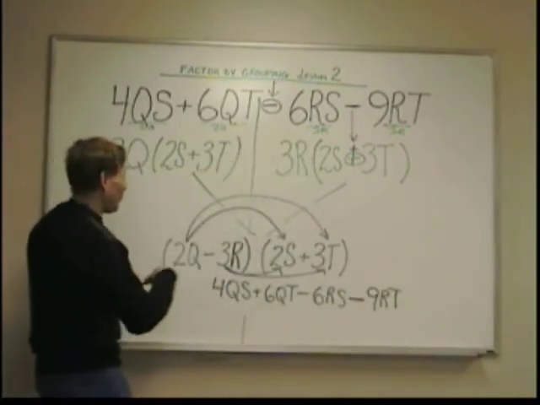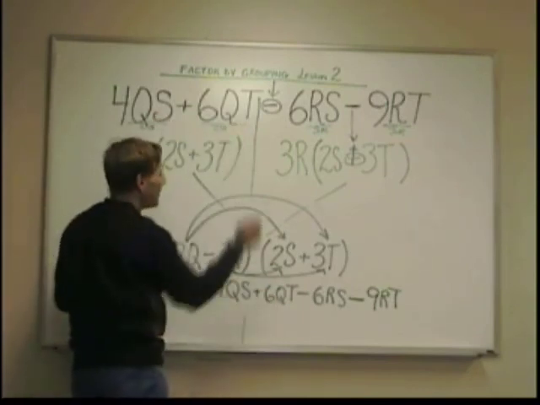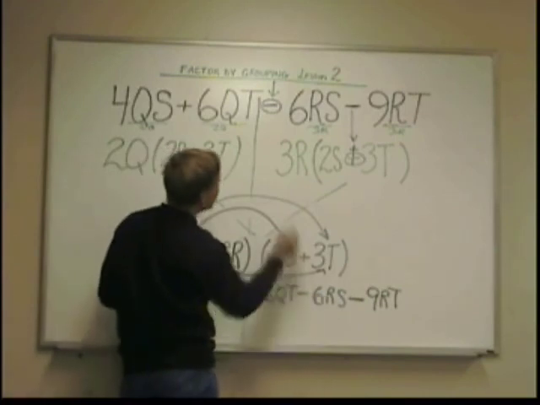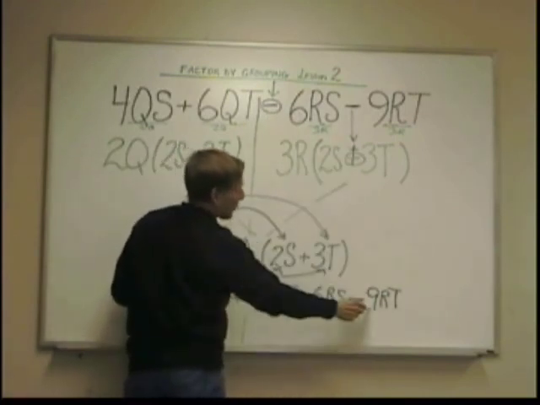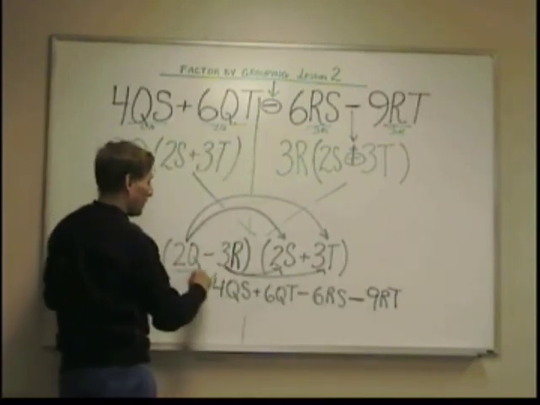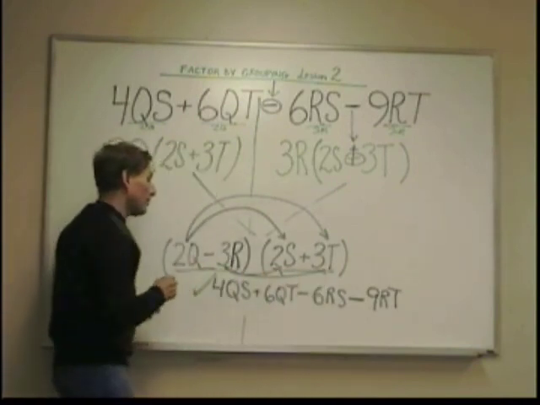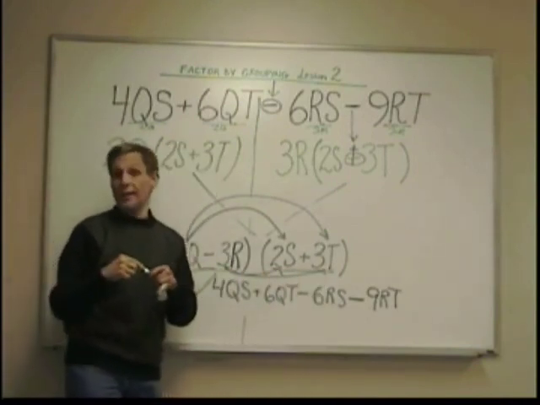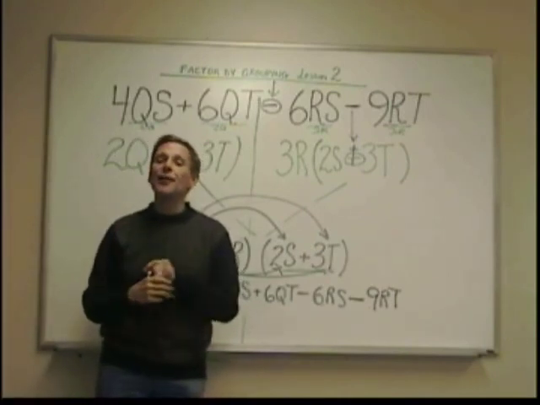I have my 4qs, I have my 6qt, I have my negative 6rs, and my negative 9rt. It worked out to the original, so these are your two factors. That's your check by doing FOIL and proving that your factors are correct. And that's how you factor by grouping.